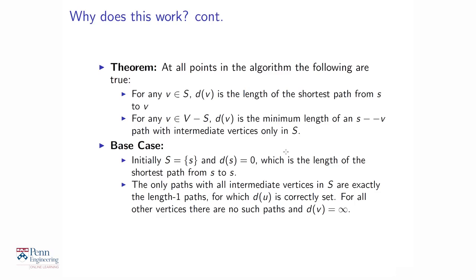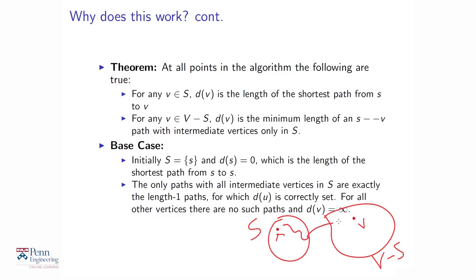The second invariant is for any vertex v that's not on the source side, and I've shown this picture a few times. I'll draw it again. Here's the source side, and then here's the non-source side. And we're saying for any vertex v that's not on the source side, d of v represents the length of the shortest path from S that wanders around S and then jumps over to v, as we've said before.